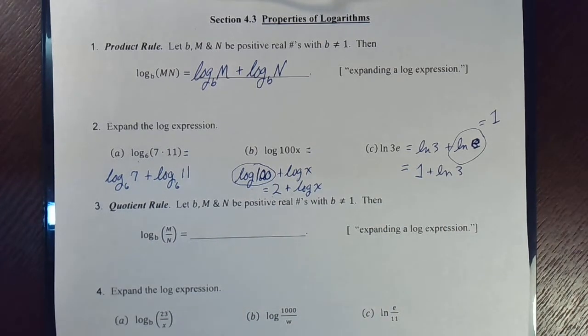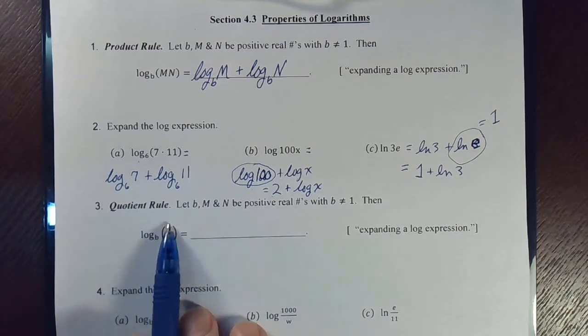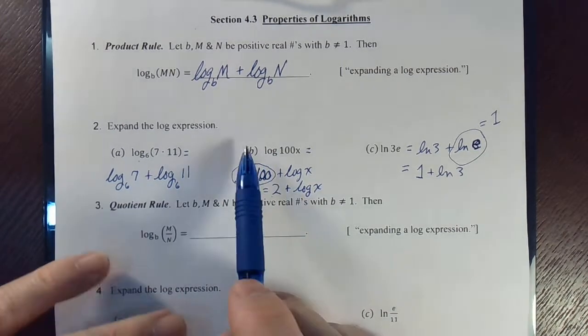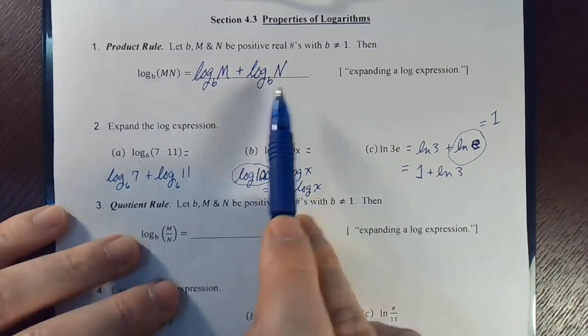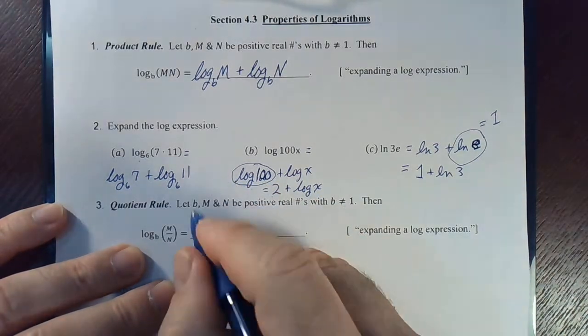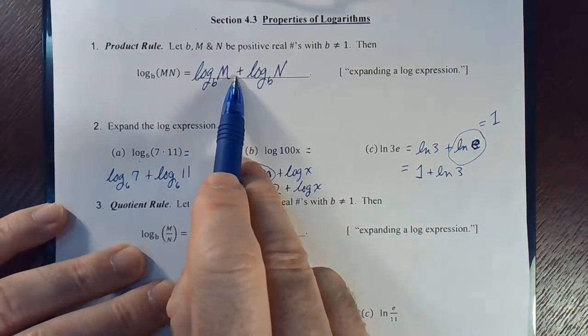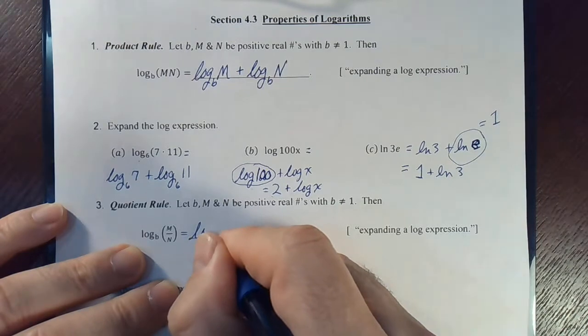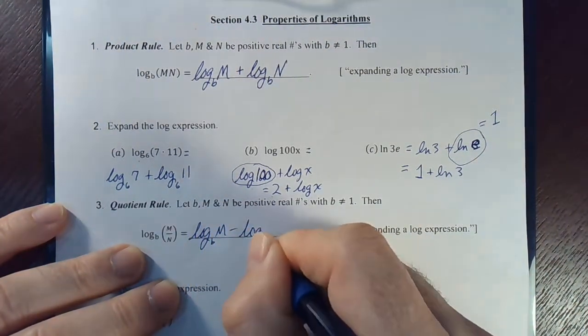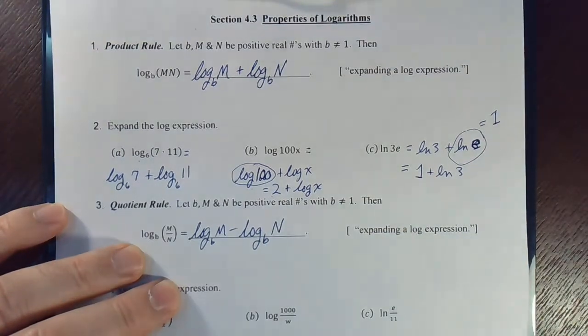All right, now you can probably figure out what the quotient rule is going to be. Maybe. Here is the product rule. The quotient rule is when we take log base b of a fraction, a number over a number. Well, that says it's going to be like this, only we use subtraction. Log base b of m minus log base b of n.